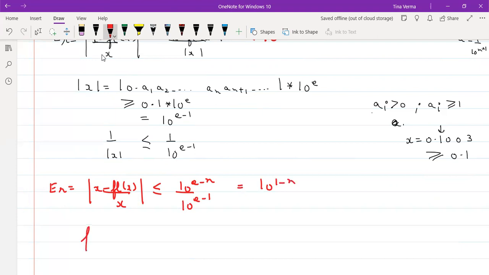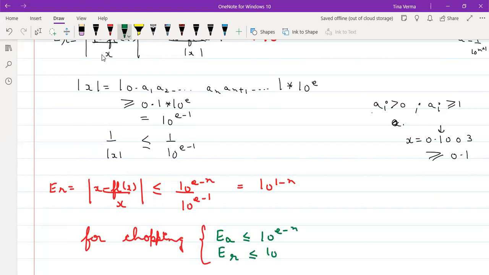So for chopping, the absolute error at most is 10 raised to the power e minus n, and your relative error is 10 raised to the power 1 minus n. Clear? Yes or no? Okay, thank you.